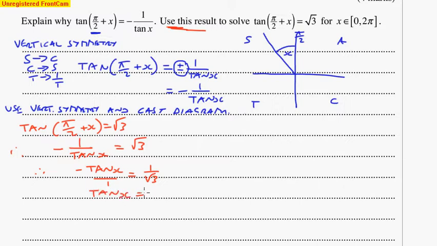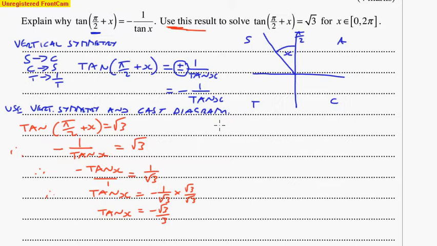Tan x equals negative 1 over root 3, and this is perfectly correct, but I will change this so it's got a rational denominator by multiplying by root 3 over root 3, which equals negative root 3 on 3. Right, that's what I'm going to solve.